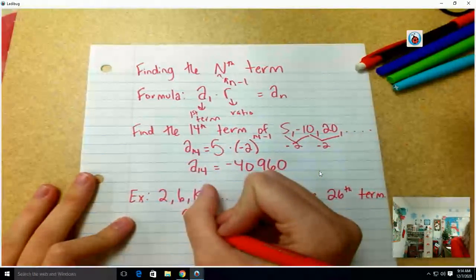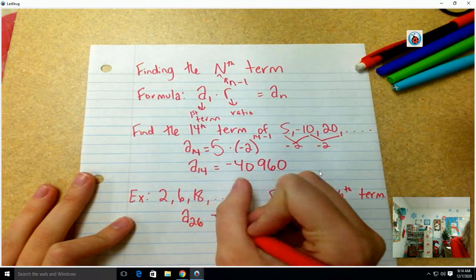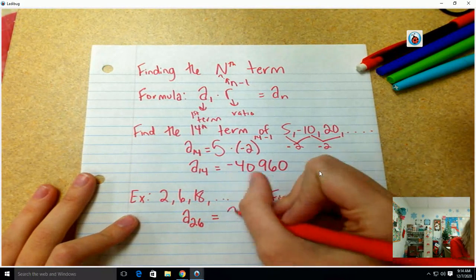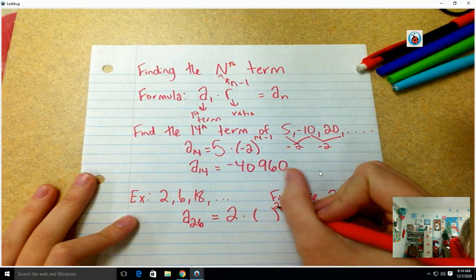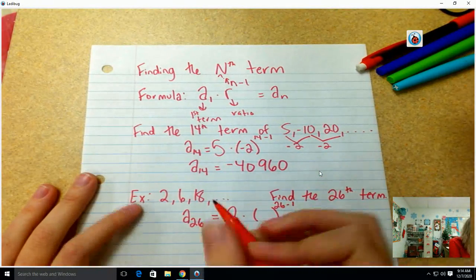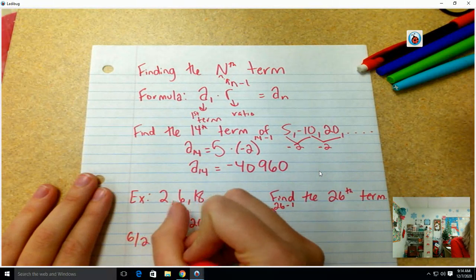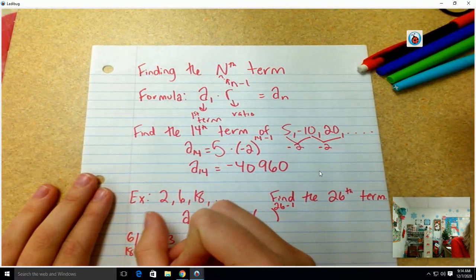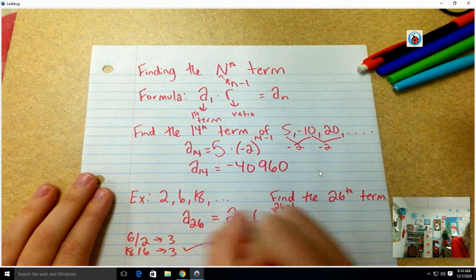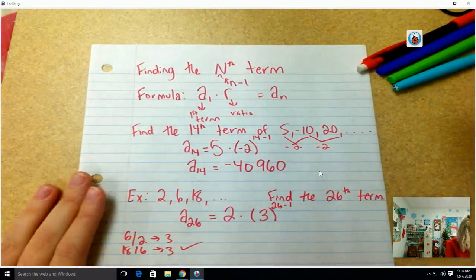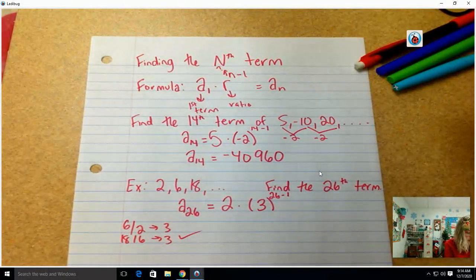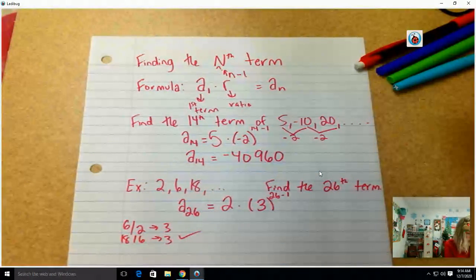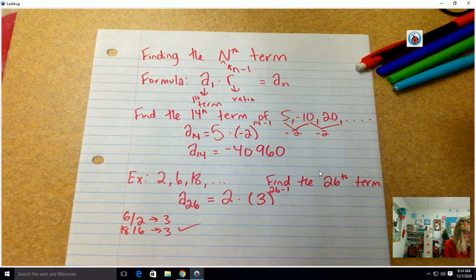The 26th term is going to equal our first term times our ratio to the 26th minus 1. 6 divided by 2 gives me 3, and 18 divided by 6 gives me 3, so my common ratio is 3. Then I'm just going to type this into my calculator: 2 times 3 to the 26 minus 1, which is 25.